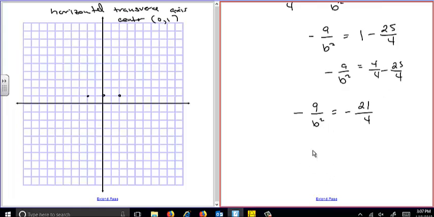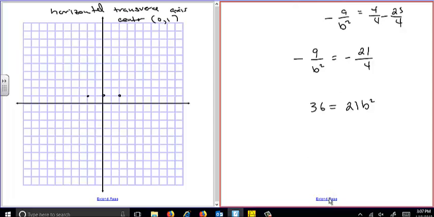Let's cross multiply. The negatives are going to cancel out. You get 9 times 4 is 36, and b squared times 21 is 21b squared. So b squared is equal to 36 over 21. So there's b squared now.